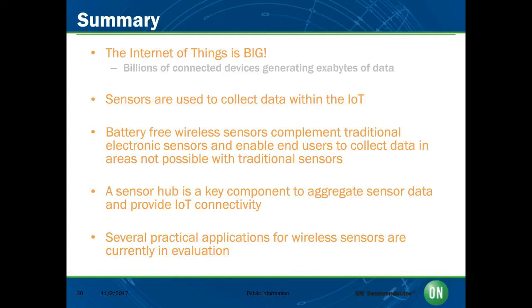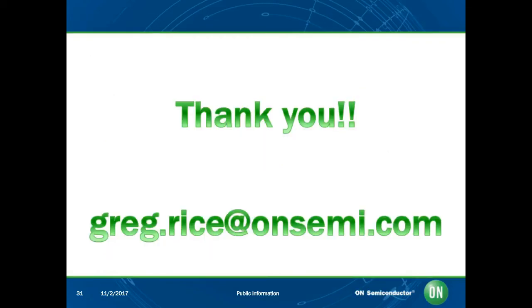I talked about our battery-free wireless sensors, which will complement traditional electronic sensors and enable end users to collect data in areas not possible with traditional sensors. I talked about the sensor hub or reader, which is a key component to aggregate sensor data and provide the IoT connectivity. And then I reviewed some of the applications we're currently developing for these wireless sensors.